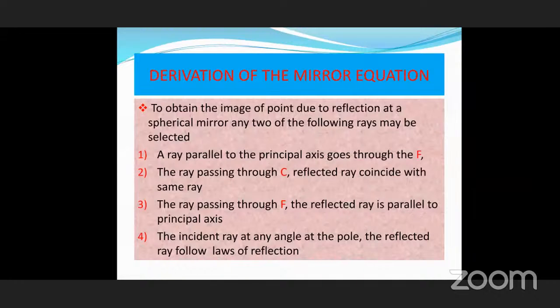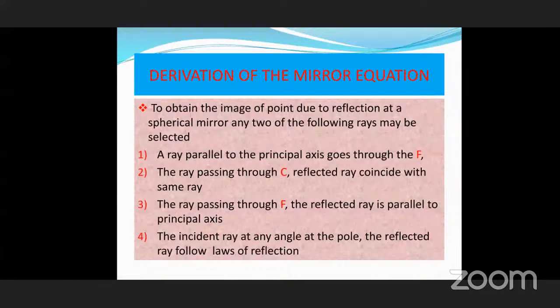Sometimes, if you want to see the image, a general incident ray is considered. That is the fourth one: the incident ray at any angle at the pole. The reflected ray follows the law of reflection.